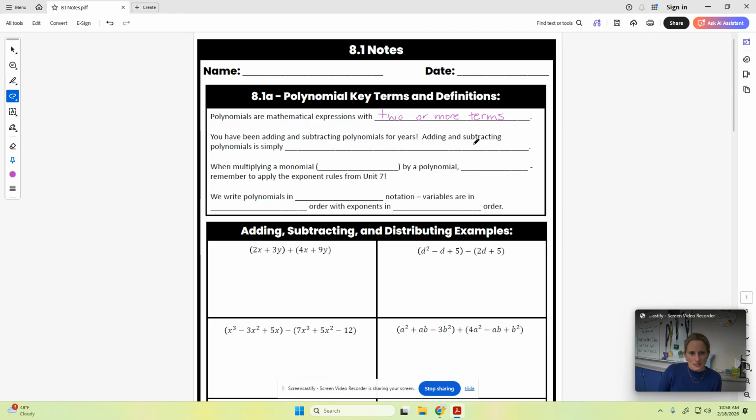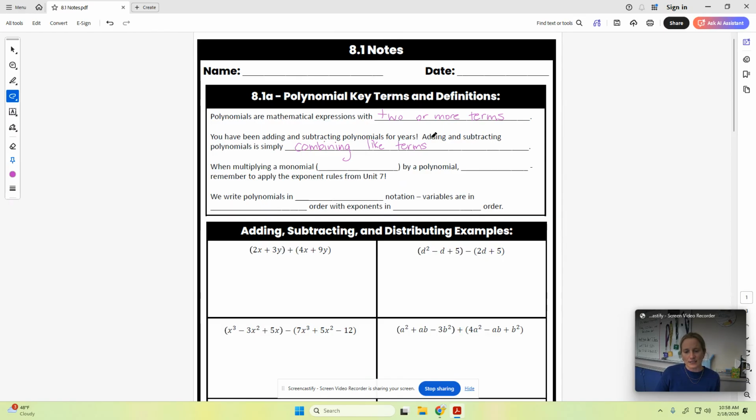The good news is that you have been adding and subtracting polynomials for years, because adding and subtracting polynomials is simply combining your like terms. And as a reminder, like terms are things that have the same variable or variables, and each variable has the same exponent.